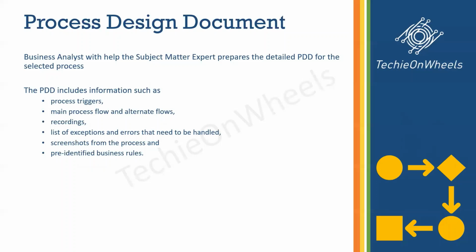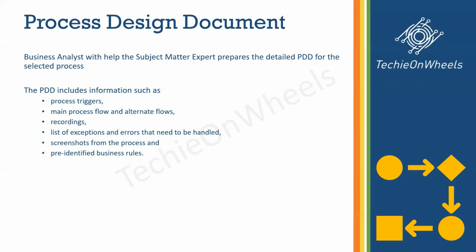Then the main process flow and the alternate flow, showing how the process looks. If something doesn't happen, what is the alternate way of performing that particular process? If we have the recordings of the sessions the BA had with the SME while discussing the process, those recording links should be in the PDD. Next is the list of exceptions and errors that need to be handled.